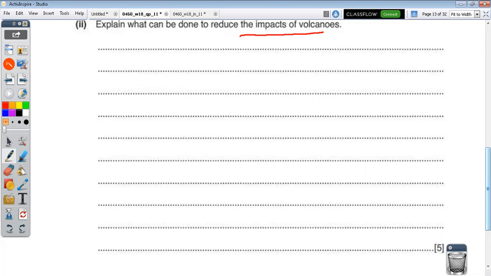What else can you also do? You construct evacuation centers, evacuation plans, and construction of evacuation centers in the case of an emergency, so that you have fewer people at risk.